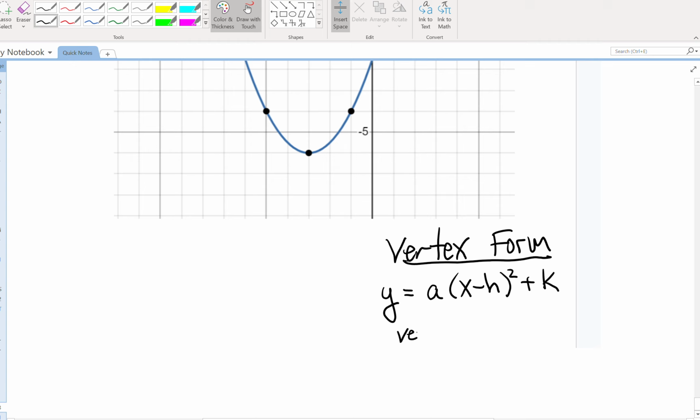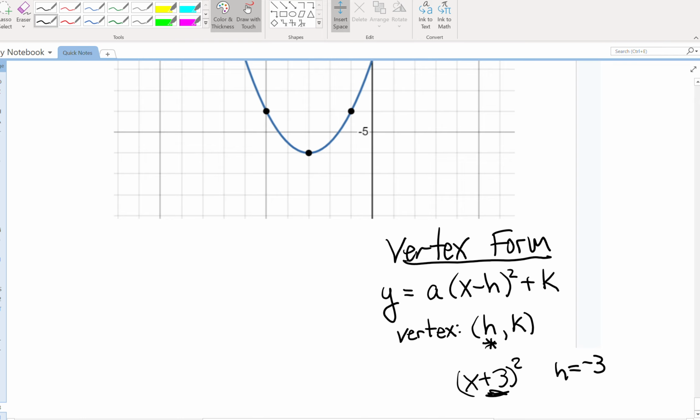And what we get from this is a few things. The easiest, I would say, is the vertex. It's the point (h, k). I'm going to put a little asterisk by the h to remind us that because it's minus h, it kind of goes counter to what our intuition usually has us do. If we had (x plus 3) squared, then h is negative 3.